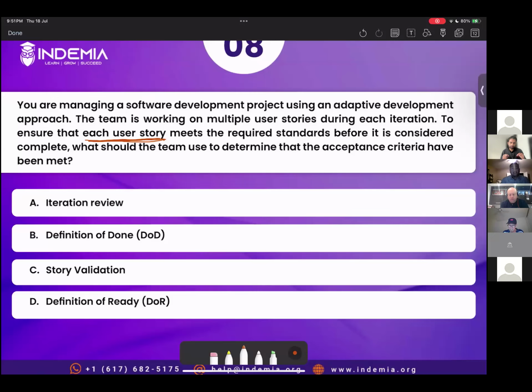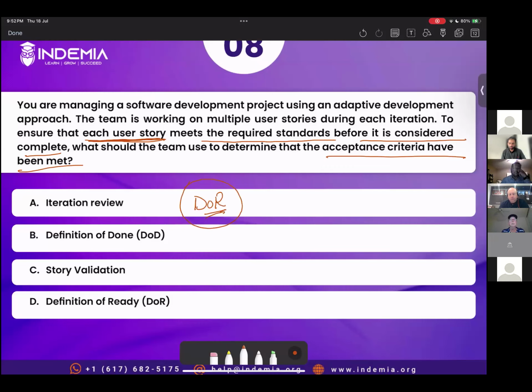You have picked the right keyword. If we read the question, it says, to ensure that each user story meets the required standards before it is considered complete, what should the team use to determine that the acceptance criteria have been met? Now, there are two things for you to understand. One is definition of ready, DOR.